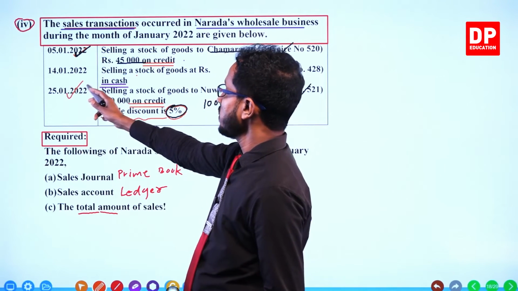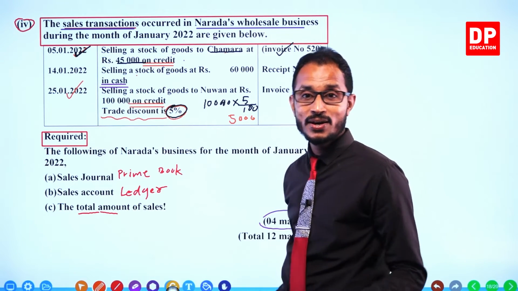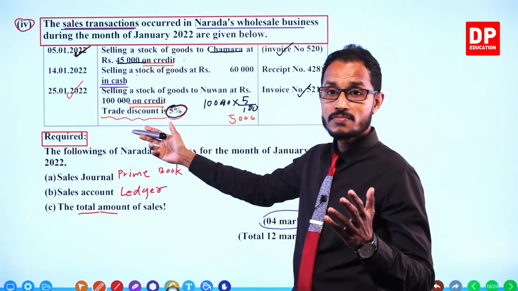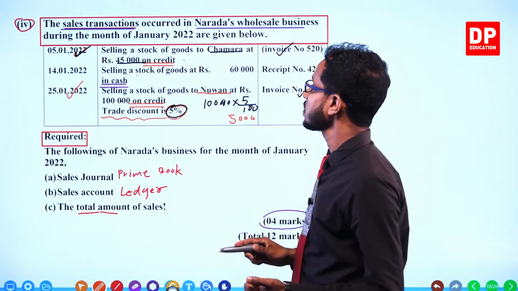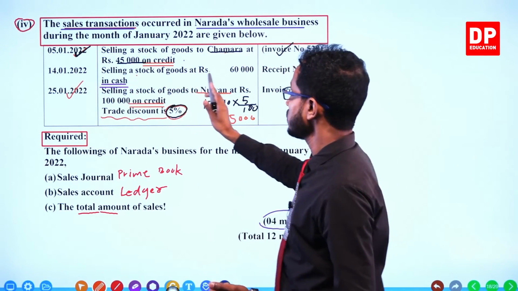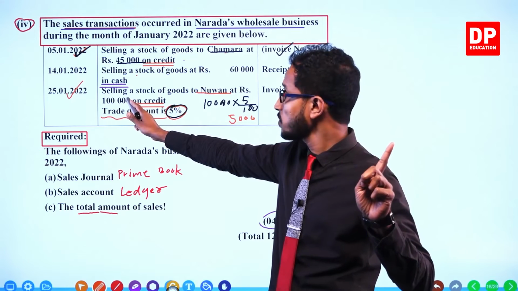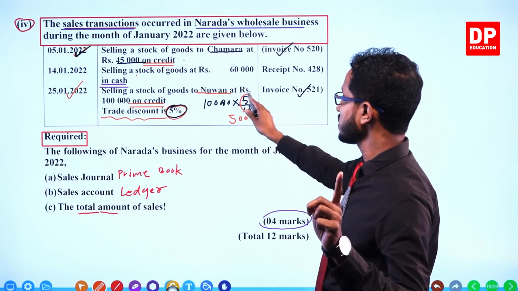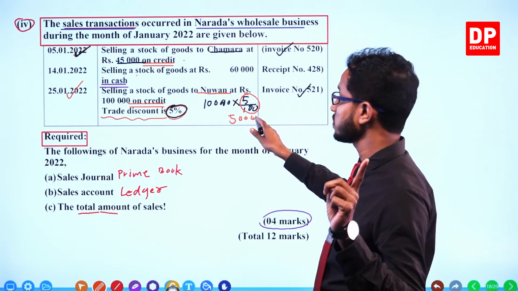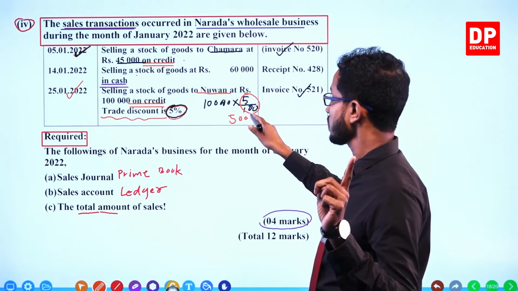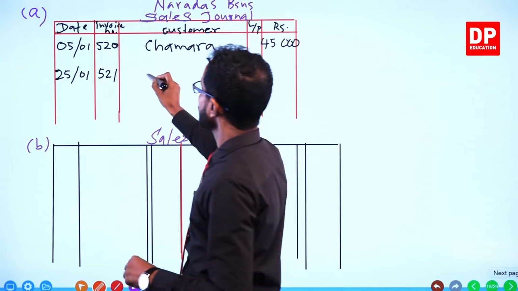So 25th January, the customer is Nuan. 100,000 is not the amount; 5,000 is the discount. 100,000 minus 5,000 is 95,000, Nuan.